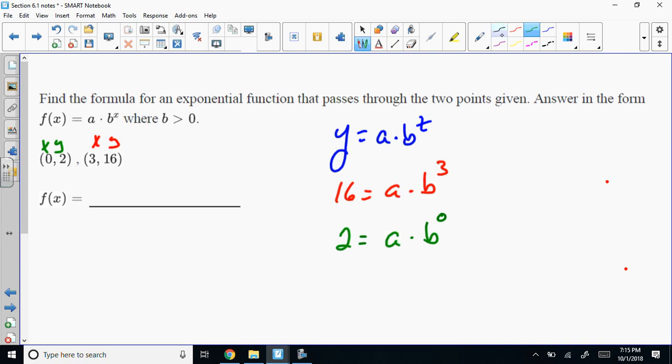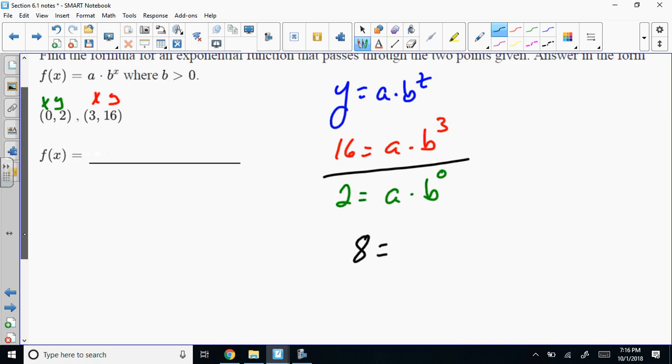Okay, now, this is cool. Let's subtract them. Well, I say subtract them. Let's divide them. We're going to subtract their exponents, but let's divide them. What's 16 divided by 2? Now, what is anything over itself? 1. Thank you. So the a's go away, right?